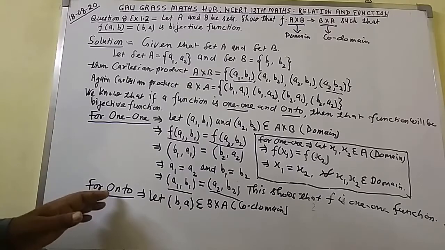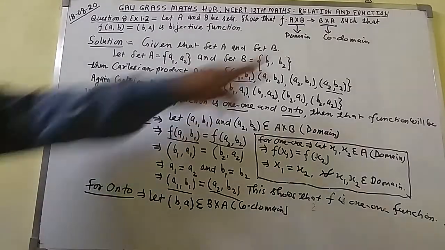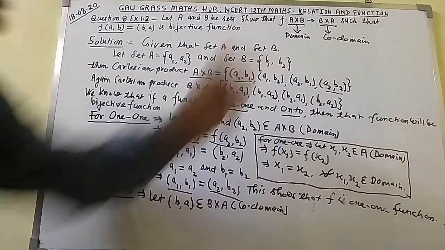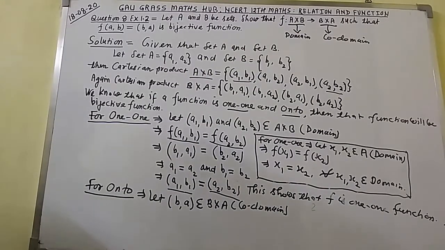So in case of onto, this codomain will be converted into range. So now here I have written let b, a belong to B cross A, that is codomain.